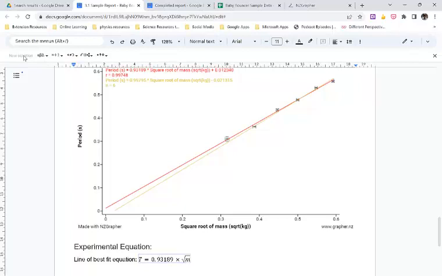And then I want to have the y-intercept, which is positive here. It's 0.012340.